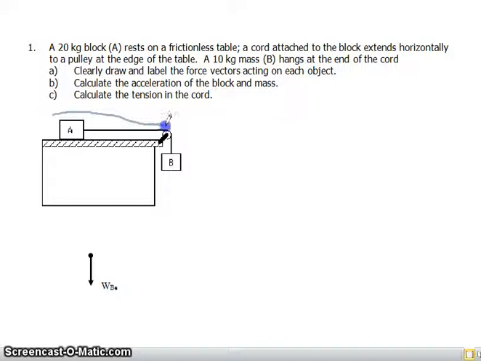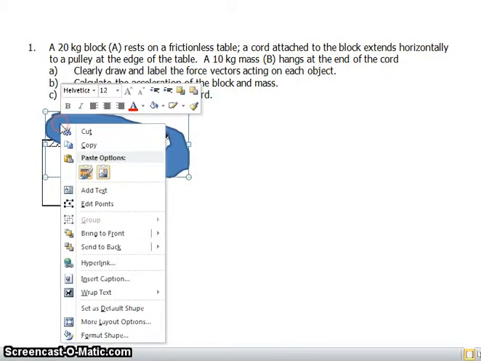So all of this is one object. This is my system. Not the pulley, but the string is part of the system. There we go. Oh, of course, you can't see through there.